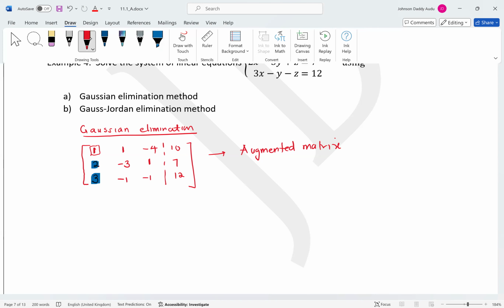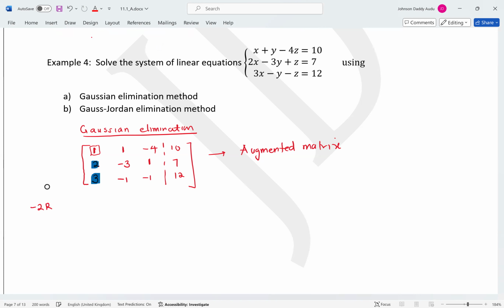And how do we do that? By row operation. Since this is 2, we take the additive inverse, which is minus 2 R1, because R1 is our pivot row.